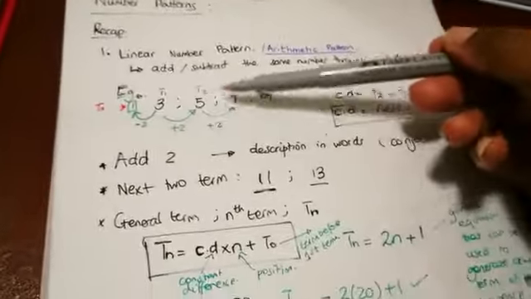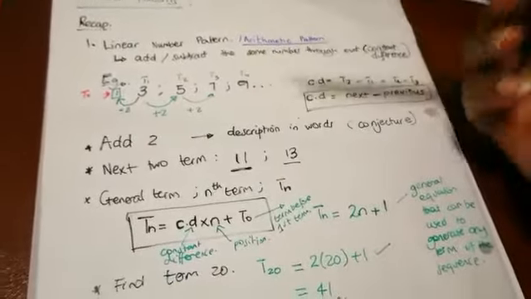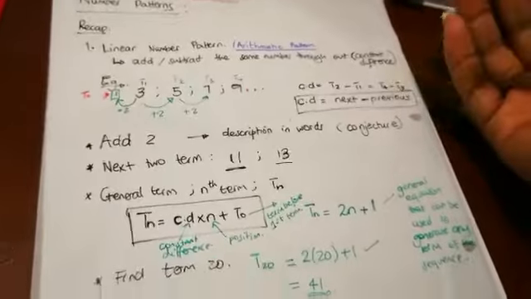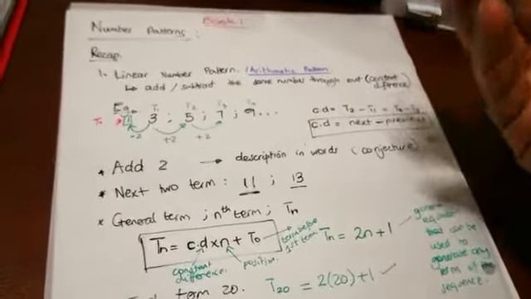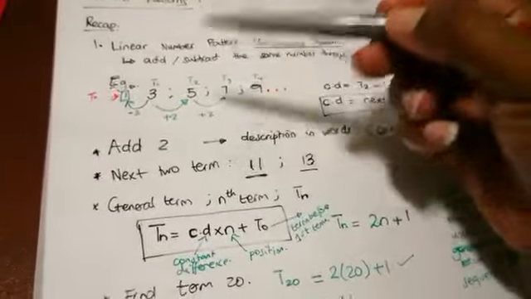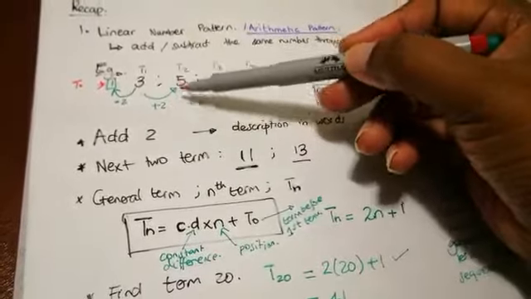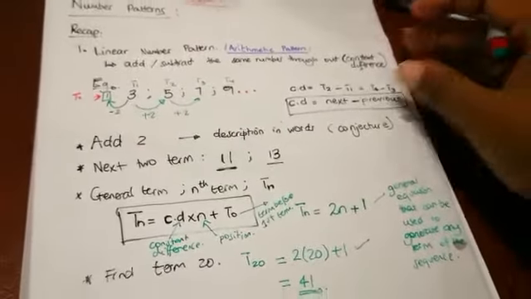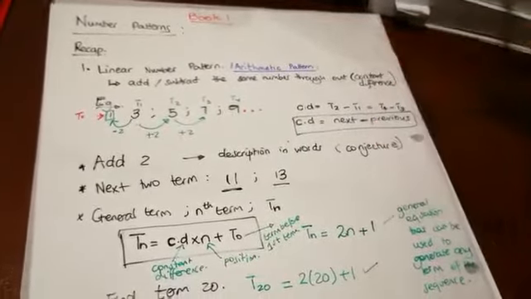And as you can see, these terms are negative. So the numbers that can be in a number pattern can be whole numbers, negative numbers, fractions, or decimals, as long as there is a constant difference between them, then you can have a linear number pattern.